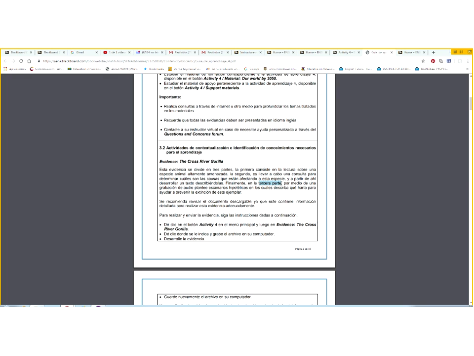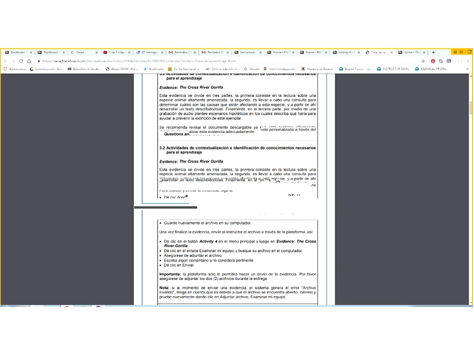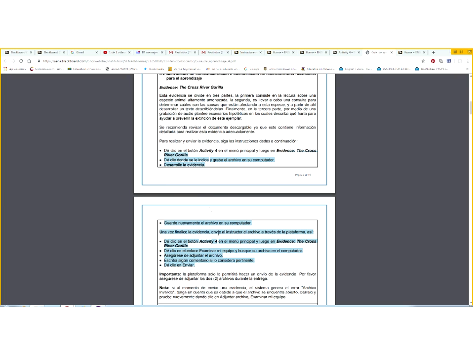The third part of the activity is that you have to make an audio recording in which you present the hypothetical scenarios to help and prevent the extinction of this animal. You have to download a document, and these are the instructions for you to do the activity.